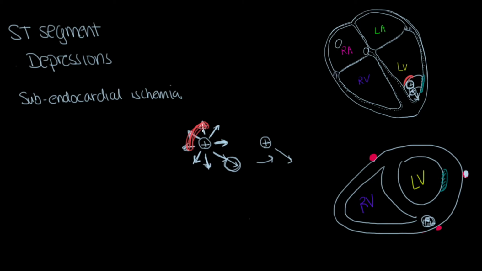This one's no longer canceled out by that one. So this element of this vector may be canceled out with this element of that one, but this one is not canceled out at all. And this one for sure is not canceled out by that one. So what you'll end up seeing is an overall vector moving away from the portion of ischemia.